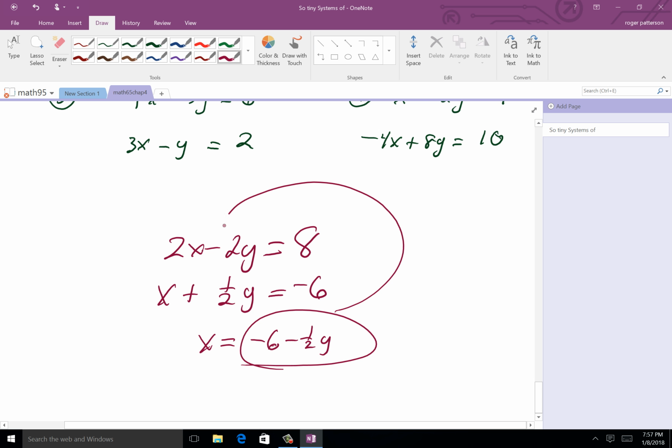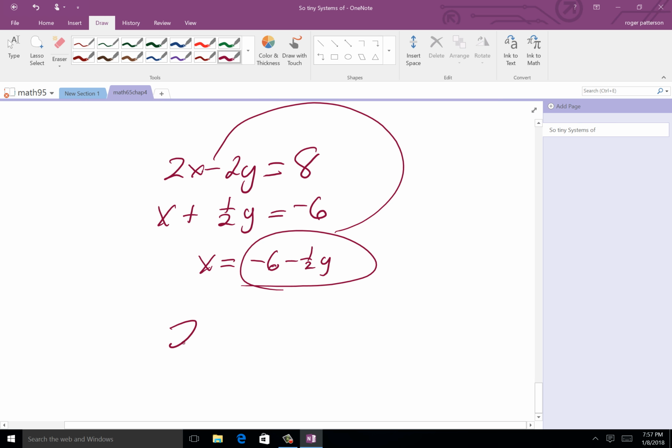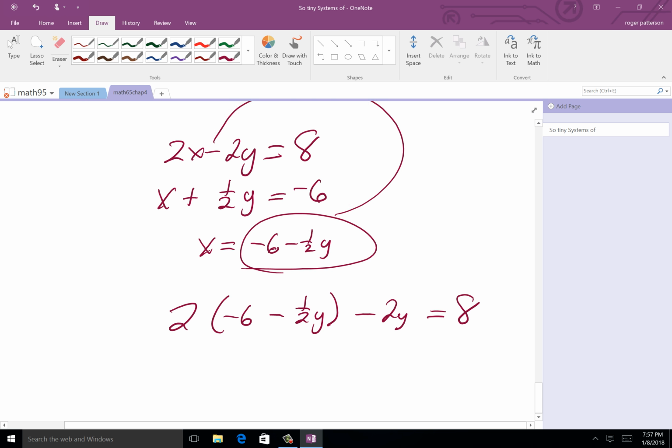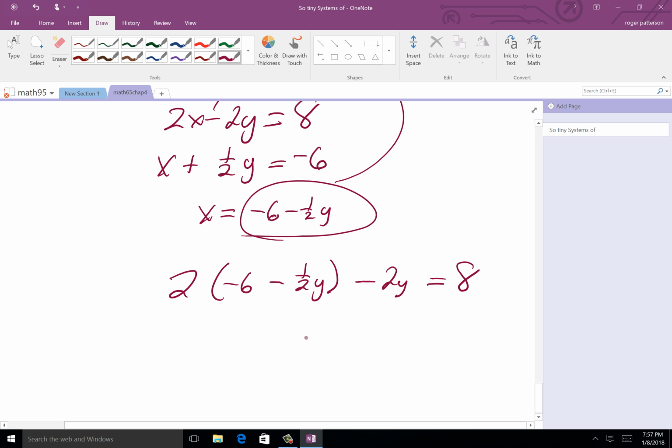Put that in up here. 2 times negative 6 minus 1/2 y, minus 2y equals 8. Okay, what did we get for y this time? Anybody get it? What did you get? Minus 8.6 something?